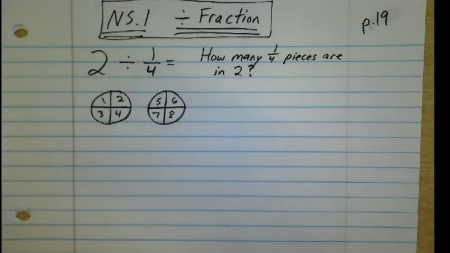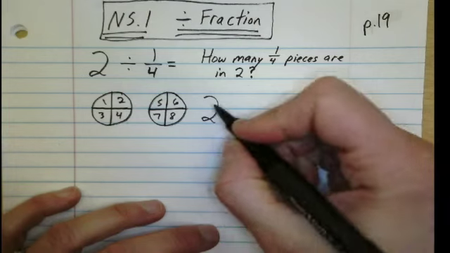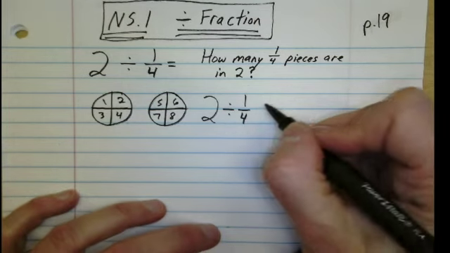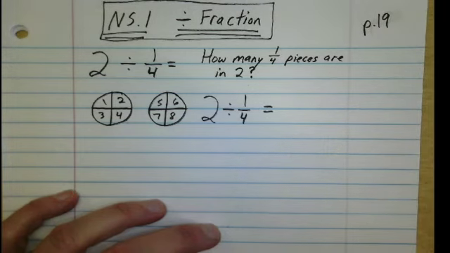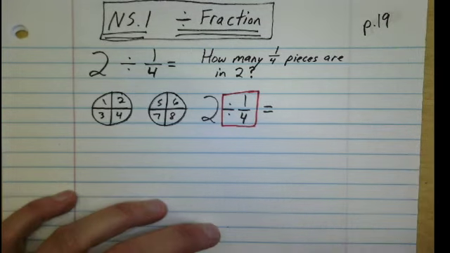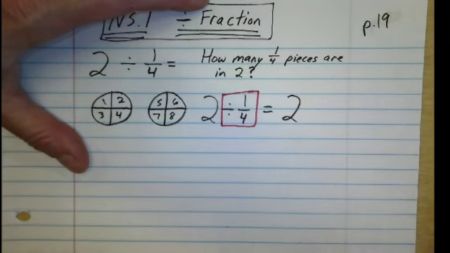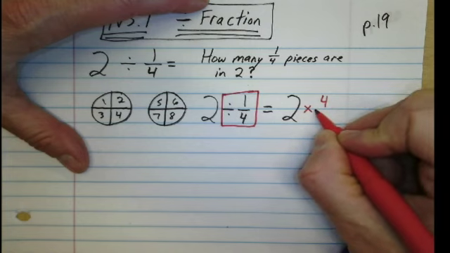How does that work with the math? Well, it looks like this. You take 2 divided by 1/4. And what's going to happen here is we're actually going to change colors. Instead of dividing by 1/4, we're going to change the problem, and we're going to take 2, and instead of divide by 1/4, we're going to multiply by its reciprocal, and we're going to multiply by 4 over 1.